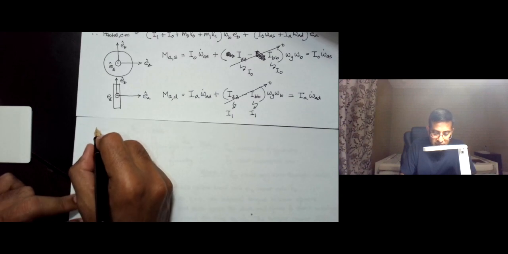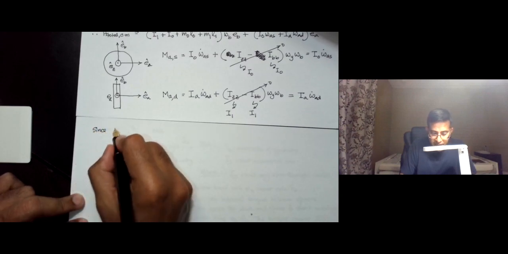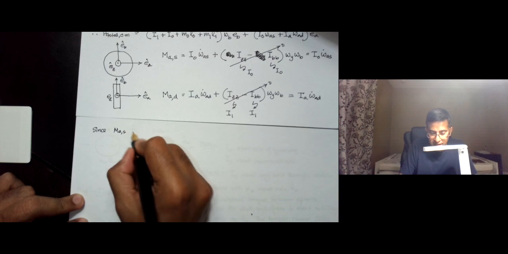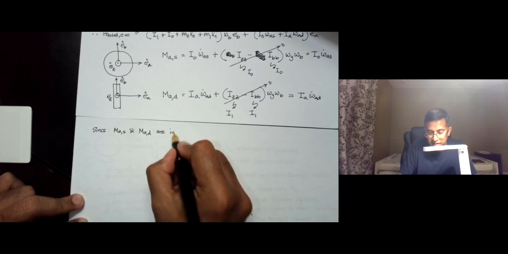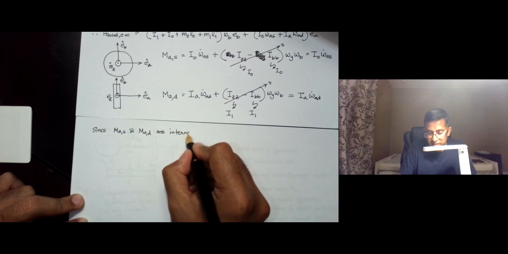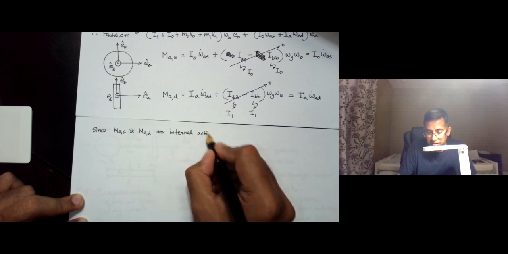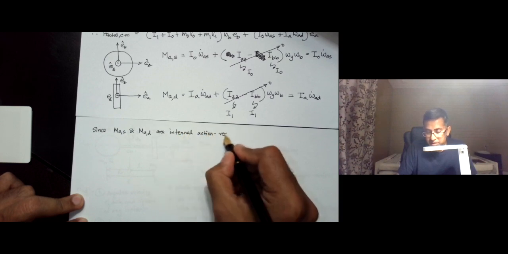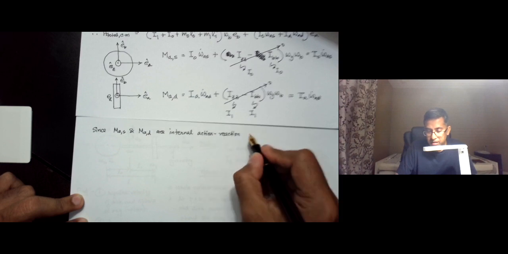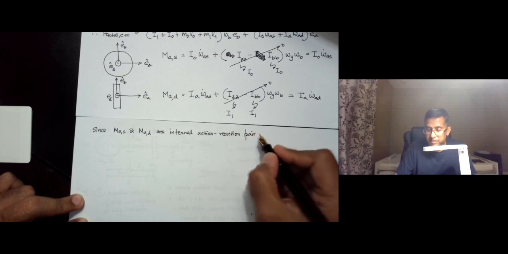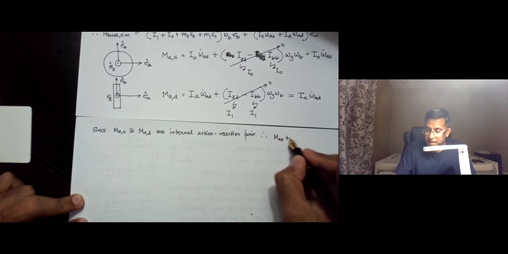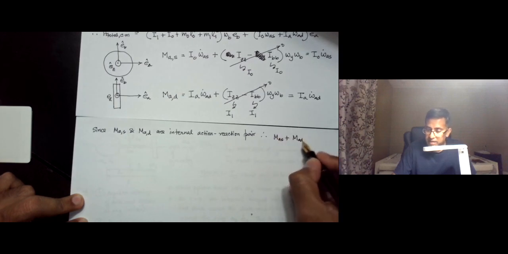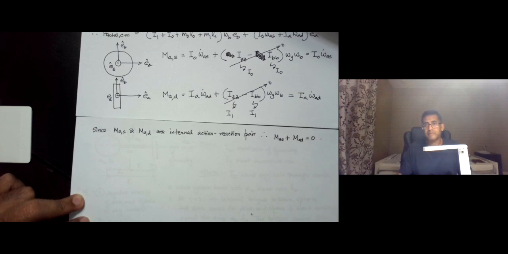So therefore, since MAS and MAD are an internal action-reaction pair, MAS plus MAD is equal to 0, right?